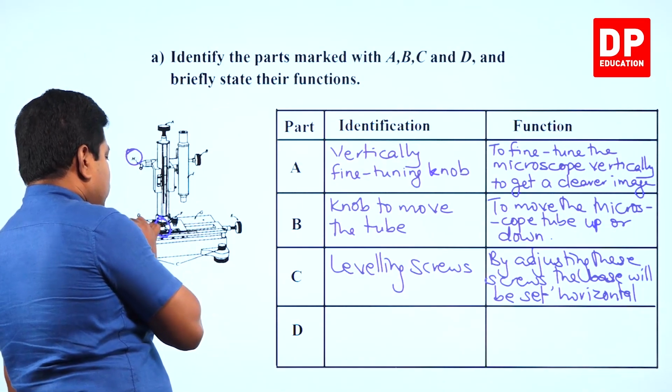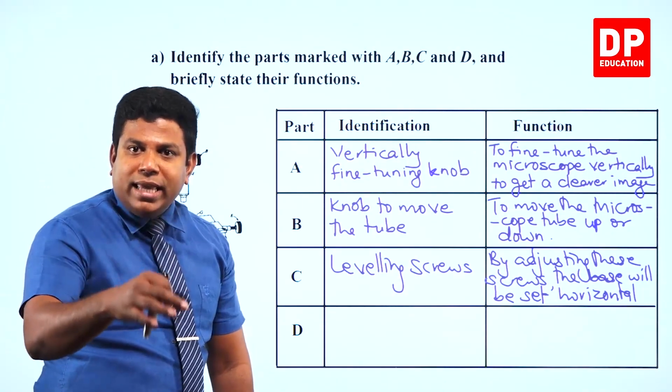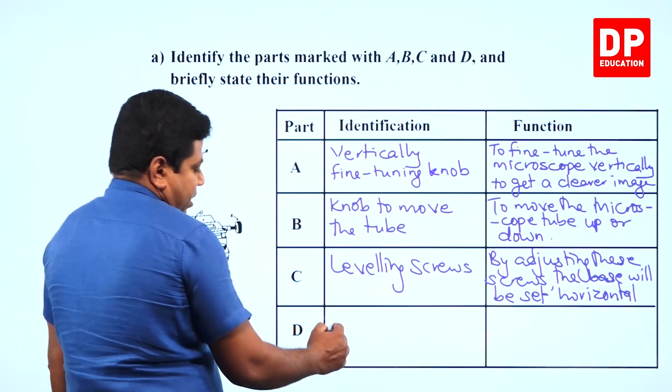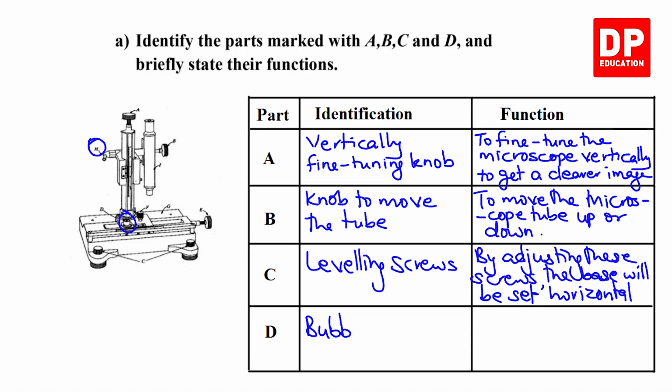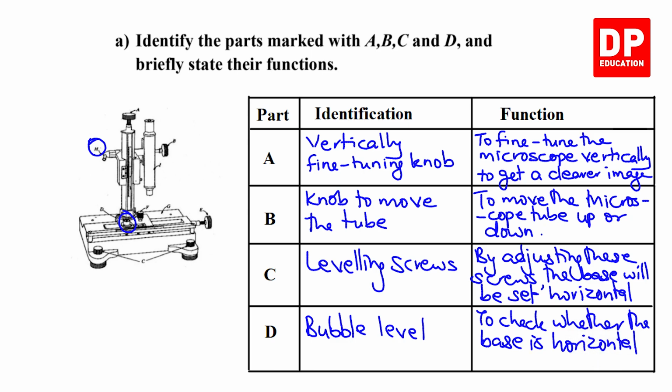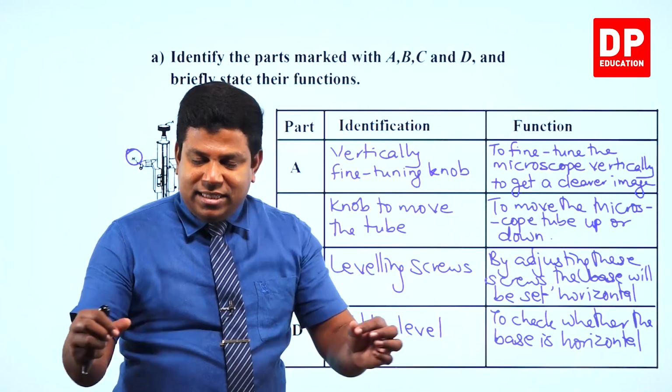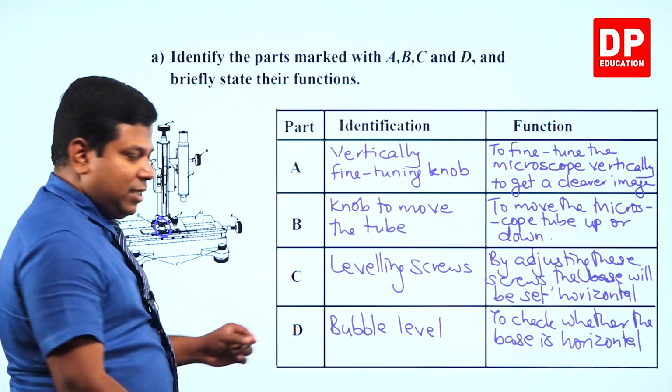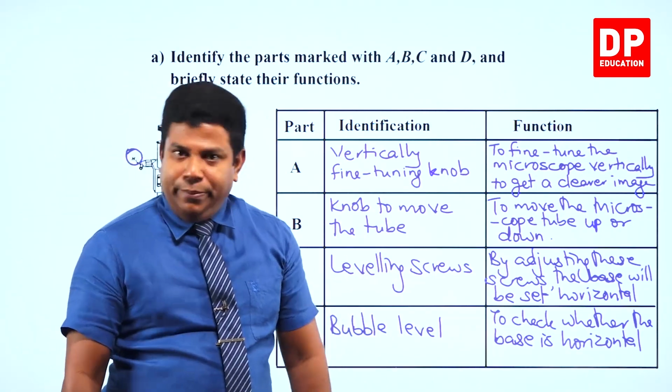See this one, D. So we'll call it bubble level, or you can say spirit level, to check whether the base of the microscope is horizontal. So you look at that bubble and adjust these screws marked by C to make it horizontal, right?